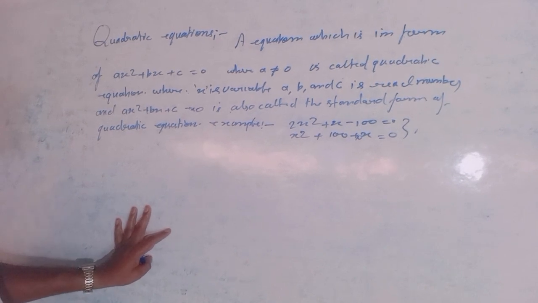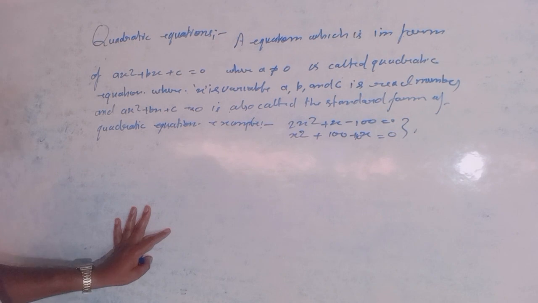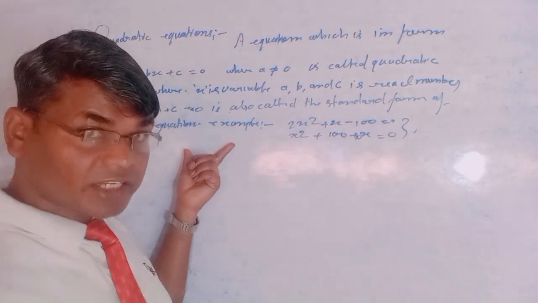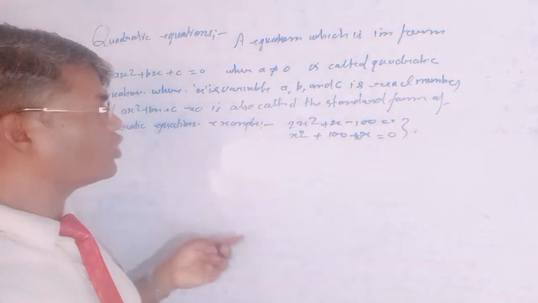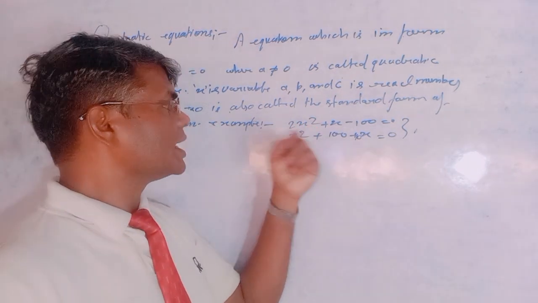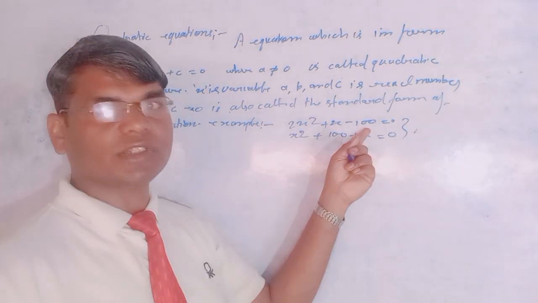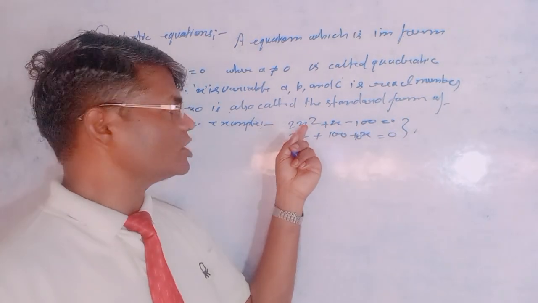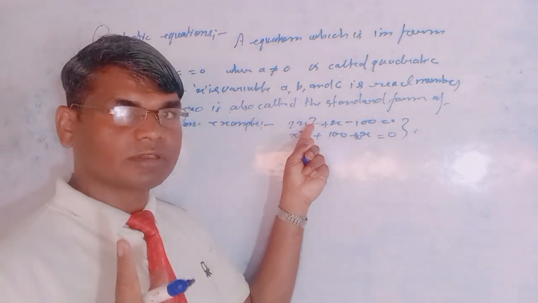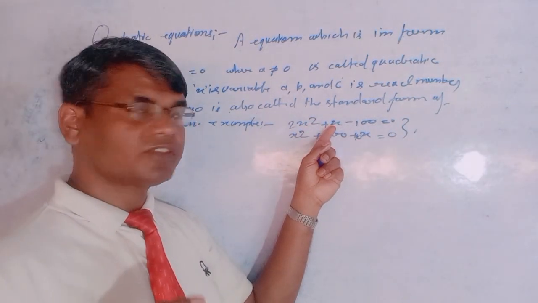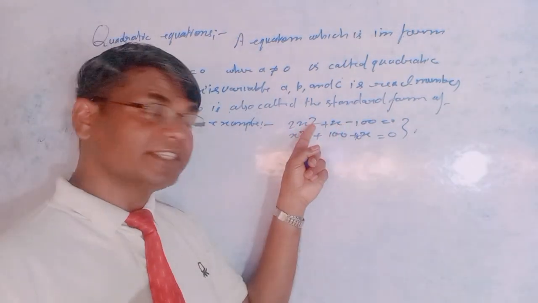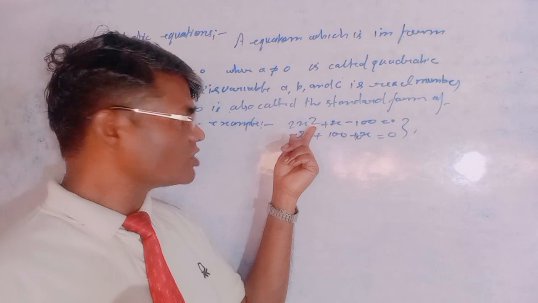We can write any quadratic equation in the decreasing order of the powers. In the equation I have written here, 2x square has power 2, then x has power 1, so the powers are decreasing. The highest degree is 2, so it is a quadratic equation of degree 2.